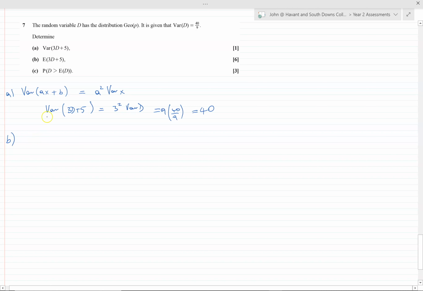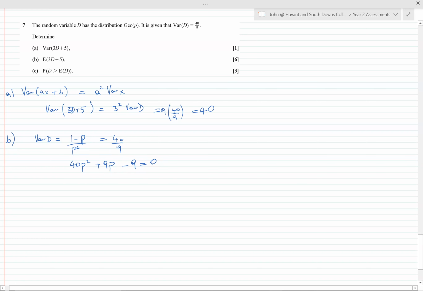As I said, the expectation is 1 over P, but we're also given the variance of D will be equal to 1 minus P over P squared because it's geometric, and you're given this formula in the formula book. And we know that that's equal to 40 over 9. So we can set up a quadratic easy enough from that. We get 40p squared plus 9p minus 9 equals 0.